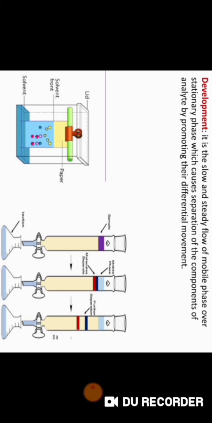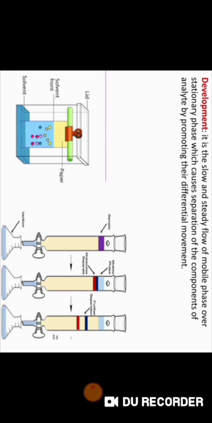So what is development? Development is a process which is carried out in the course of chromatography. It is a slow and steady flow, a process where a steady flow of mobile phase over the stationary phase is carried out.